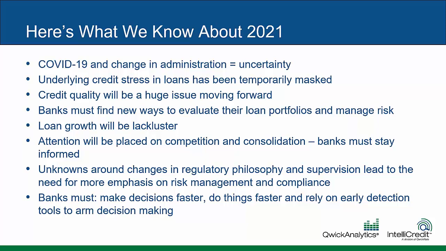Nevertheless, credit quality is going to be a huge issue as we move forward. Our anticipation is that loan growth will be a bit lackluster, other than obviously there'll be another round of PPP. But ultimately, evaluating where our borrowers are, where our loans are, and where our portfolio is going to take some effort. We think we've designed some tools to help you.